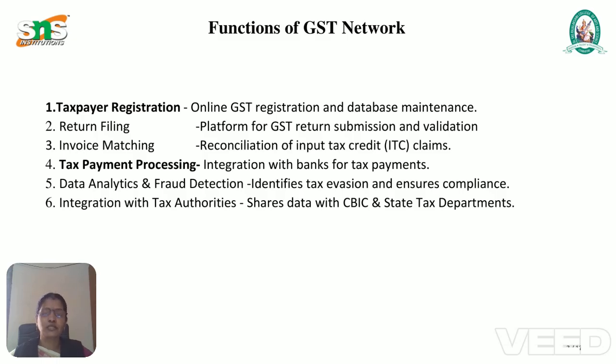The third function is invoice matching, which is the reconciliation of the input tax credit. That is, when the supplier purchases raw material, at that time they pay the GST. So as per the input tax credit, they are supposed to claim it. That is one of the main functions under GST.